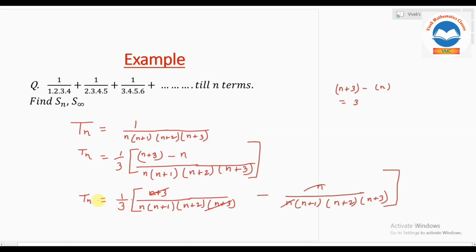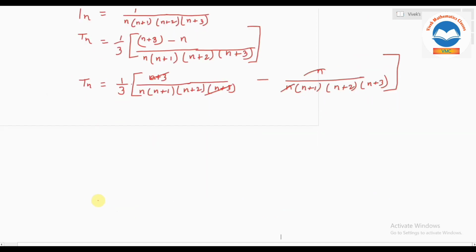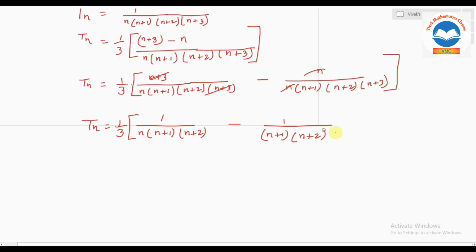So what will be left? Our Tn will become like this. Tn will be 1 by 3 times of 1 by n into n plus 1 into n plus 2 minus 1 by n plus 1 into n plus 2 into n plus 3.